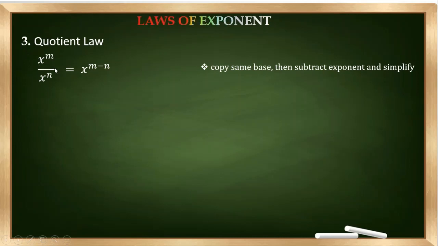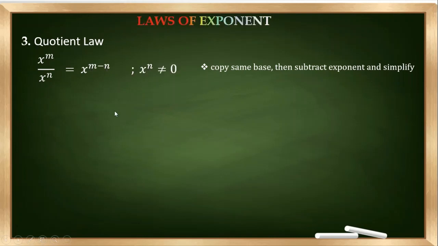So just like this one, we copy same base, then yung exponent natin na m, so subtract lang natin, maminusan natin ng n, right? So x raised to the m power over x raised to the n power is equal to x raised to the m power minus n.